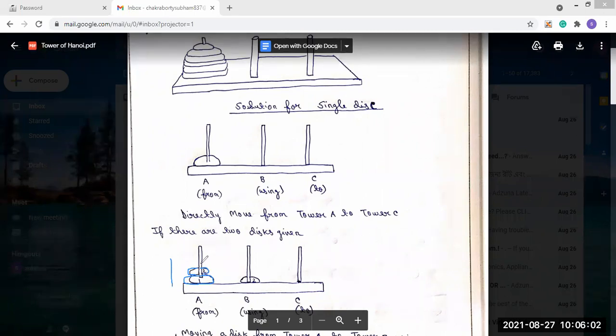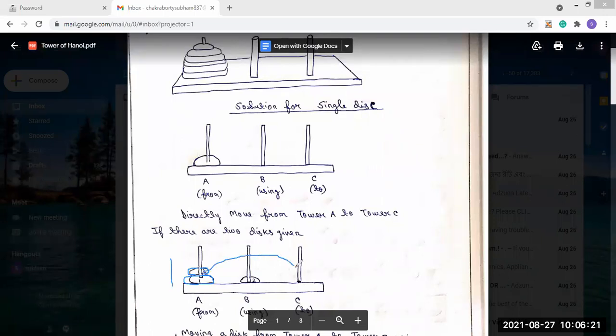Now we have to move these two disks to tower C, because tower C is our destination. So how will we perform this?